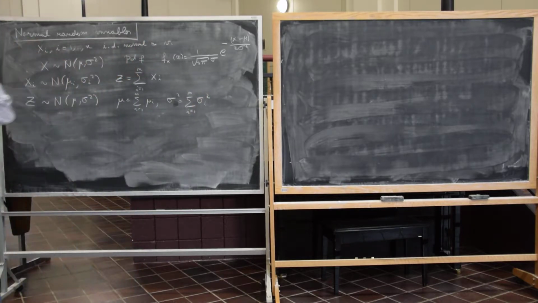So the claim is very simple. If you sum n independent normal random variables, the sum is also a normal random variable. The mean is the sum of the means. The variance is the sum of the variances. The claim is extremely simple, right? And so that's what we plan to do.